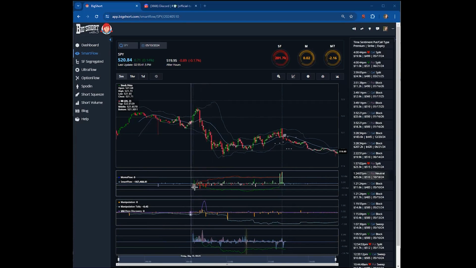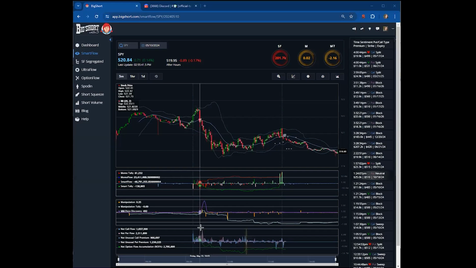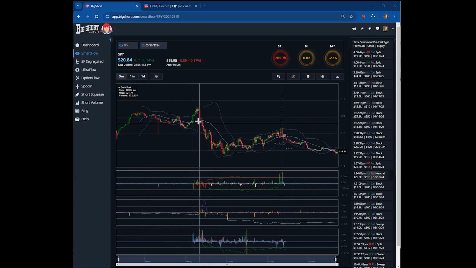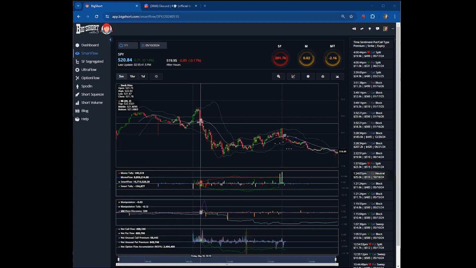So here, for example, we had bearish SmartFlow with this bearish divergence of this red line moving up and this green line moving down. We had bearish net option flow with net puts being bought. And we even had a little bit of bearish manipulation. So this would be a good short setup for me.